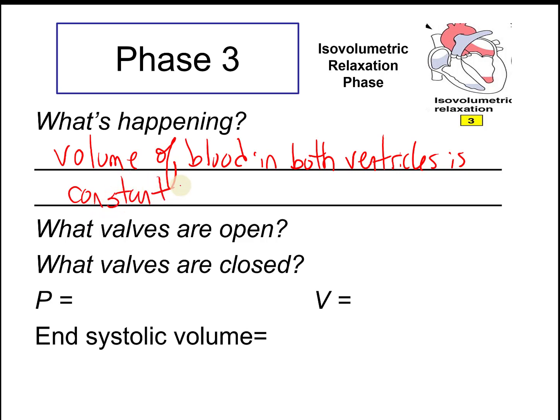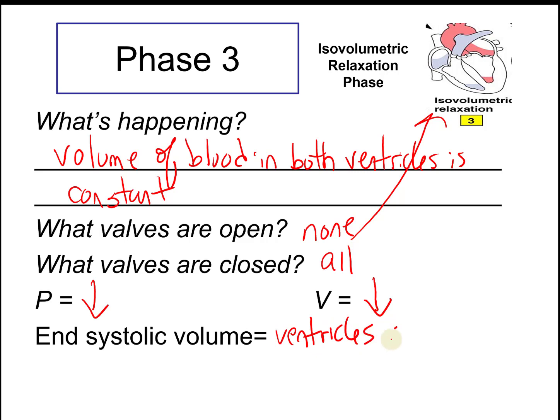In terms of the volume, however, it's low. And if the volume is low, so is the pressure. What valves are open? Well, you can see from this picture right here, none. What valves are closed? All of them. And what's going on is we have reached the end systolic volume, and this is when the ventricles contain the least amount of blood that they will have in the entire cardiac cycle.